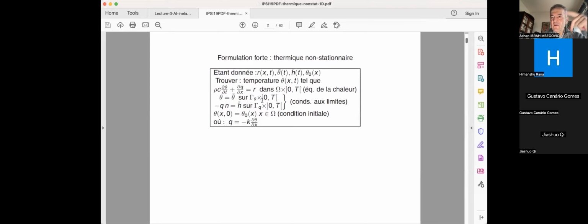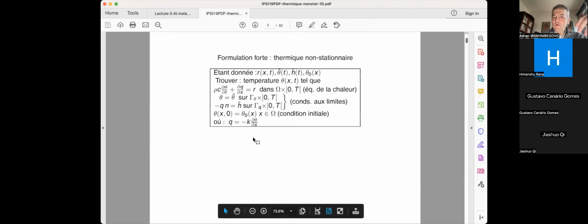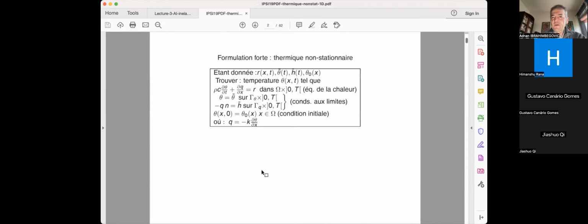It has to be defined from 0 to uppercase T. And so goes also for this heat flux, the imposed value h bar, from 0 to uppercase T. The initial condition has to be applied throughout the domain for values of x between 0 and L. And here I have this Fourier law, that heat flux is proportional to the temperature gradient, with the coefficient of conductivity being the coefficient of proportionality, but with the minus sign because the gradient goes from cold to hot, whereas the heat propagates from hot to cold. That's why you have this minus sign. You'll see it follows correctly from the second principle of thermodynamics.